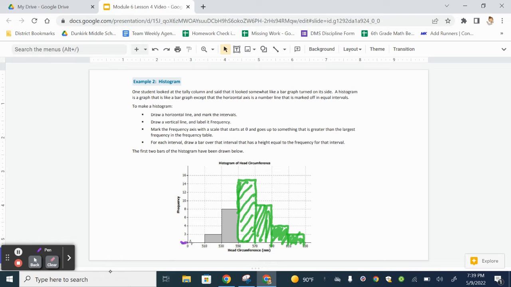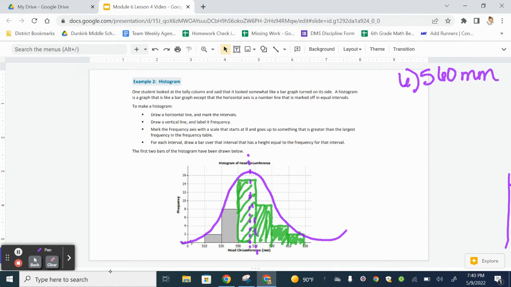If I drew a line and I scooped it up and scooped it down, the middle is somewhere around here. That's where the center of my data is, which is just about 560. So question number 6, you're going to put 560 millimeters. That's the middle or the center of the data.